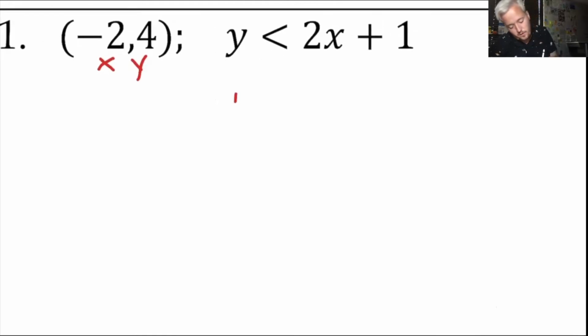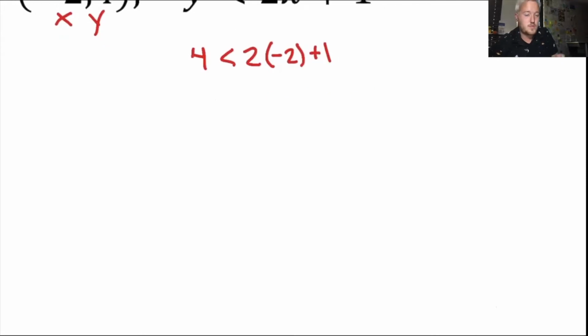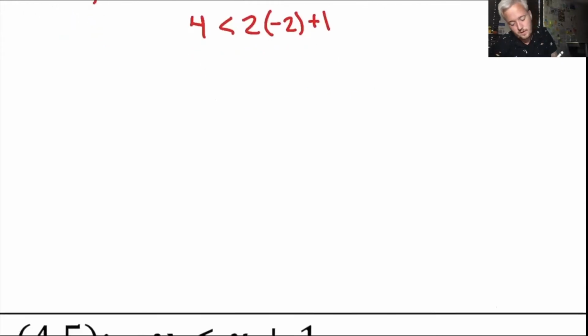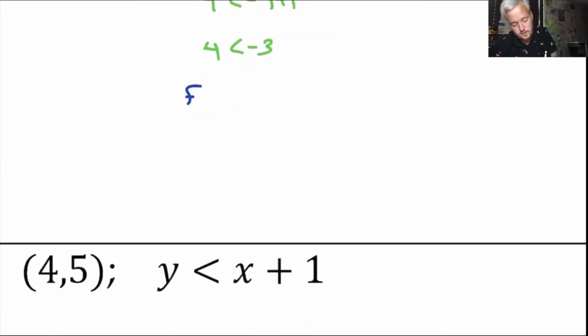I'm going to have 4 less than 2 times -2 plus 1. So I want to see what's going to happen. 4 less than -4 plus 1. So I have 4 less than -3. Well, that's not true. So this is false, which means this would be not a solution.